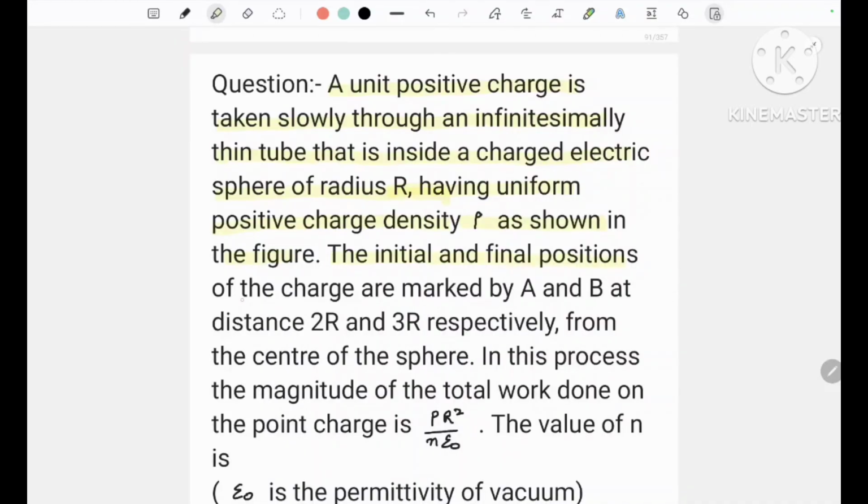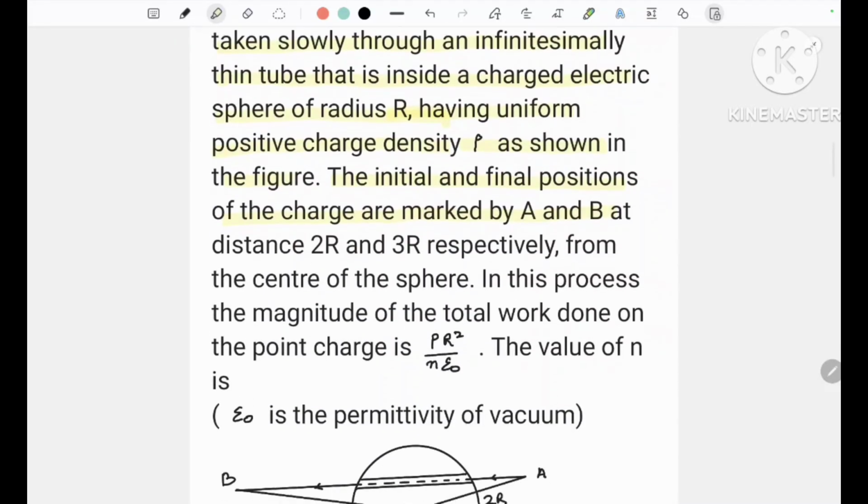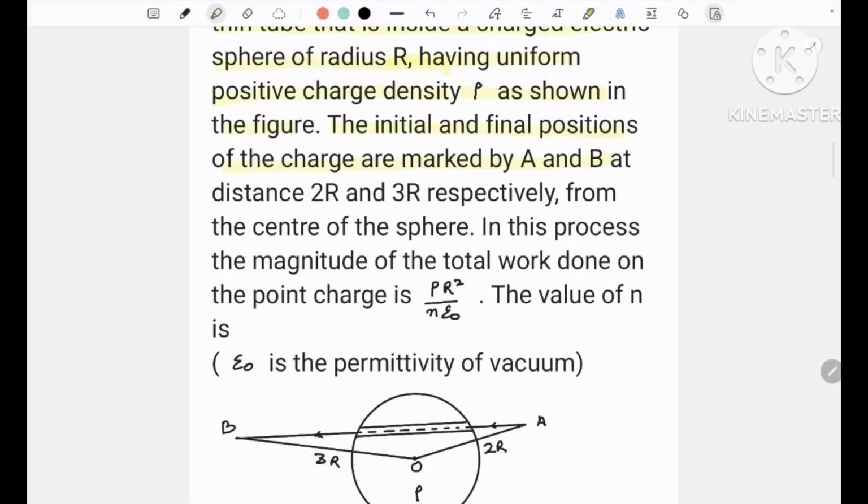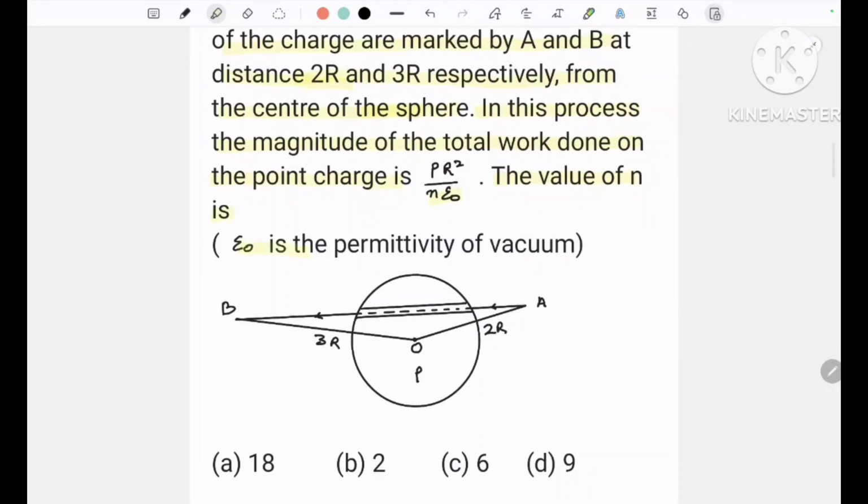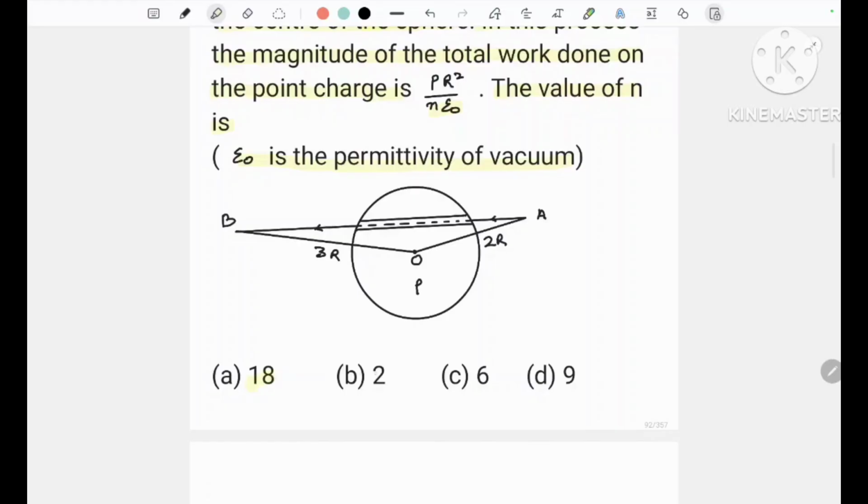The initial and final position of the charge are marked by A and B at distance 2r and 3r respectively from the center of the sphere. In this process, the magnitude of total work done on the point charge is rho r square by n epsilon dot. The value of n is, epsilon dot is permittivity of the vacuum: 18, 2, 6 and 9.